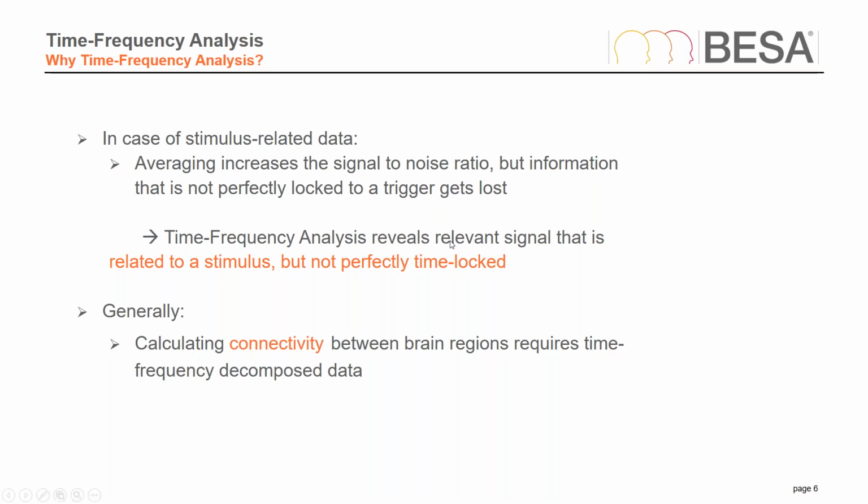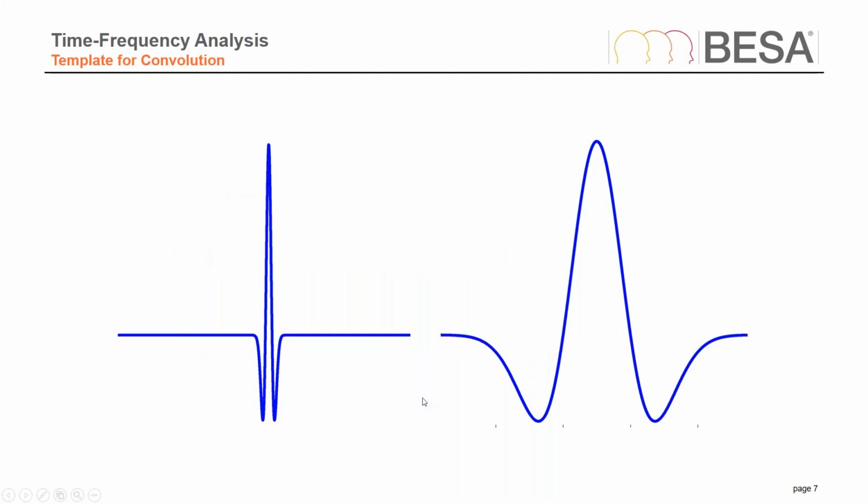So time frequency analysis can reveal relevant signal that's related to a stimulus, but is not perfectly time locked to the stimulus. And generally, we can say that for calculating connectivity between brain regions, we actually require time frequency decomposed data.